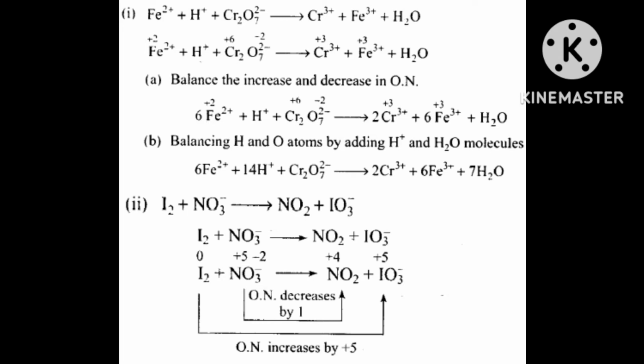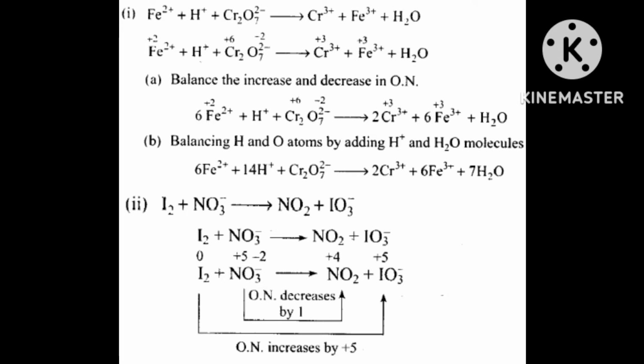Step 2: identify atoms which undergo change in oxidation number in the reaction by assigning the oxidation number to all elements in the reaction.